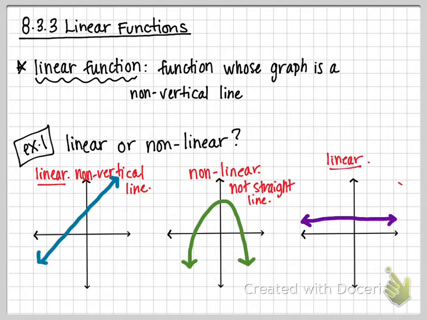But it doesn't pass the test? It does. Draw a vertical line through any point in that graph. Does it go through only one point? Yes. So it is indeed a function and is indeed a linear function, because we could put a ruler up to it and the ruler could run right along that function. Okay?